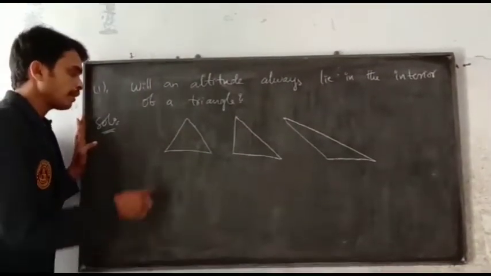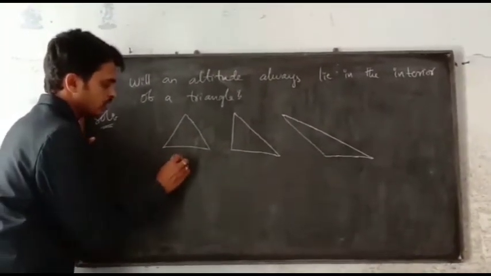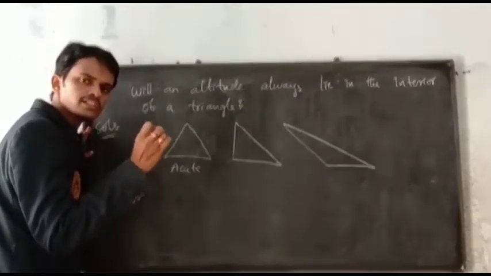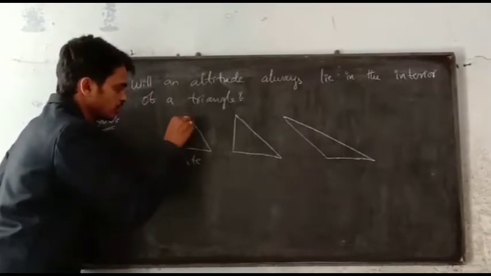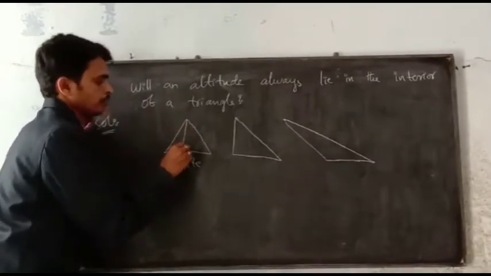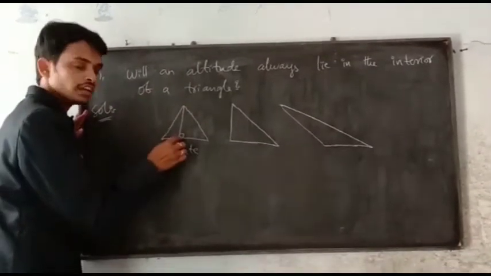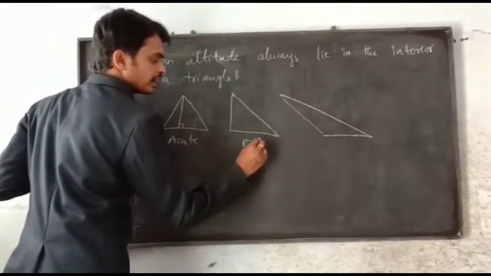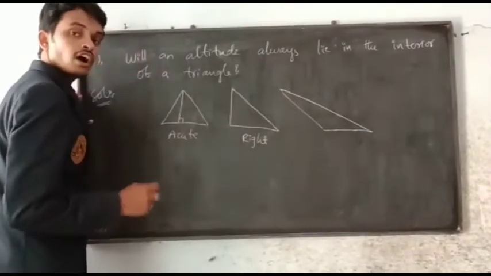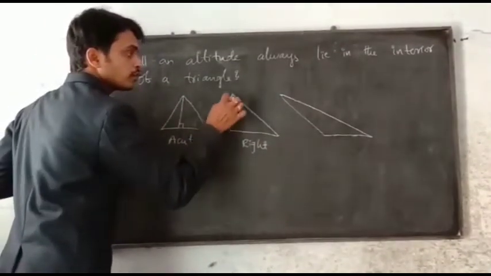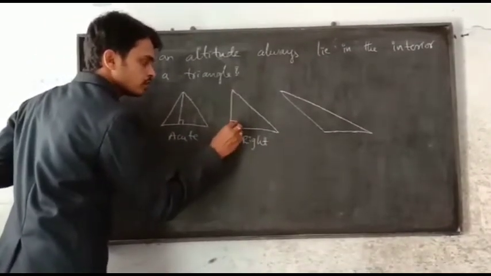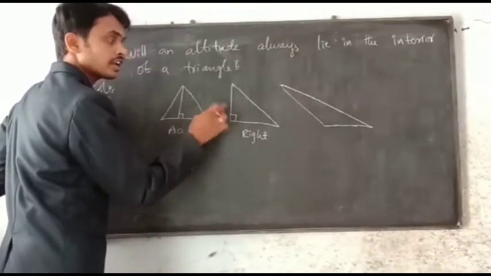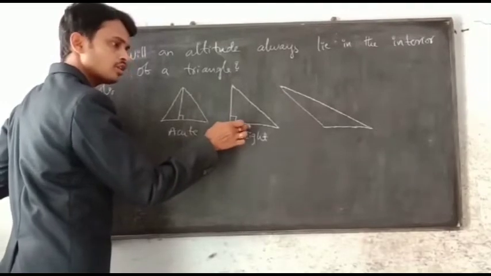When we take an acute angle triangle, the altitude always lies in the interior of the triangle. When taking a right angle triangle, the altitude is one of the sides of the triangle. Here these 2 sides can be heights of the triangle.